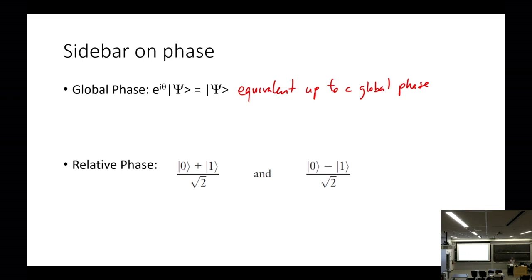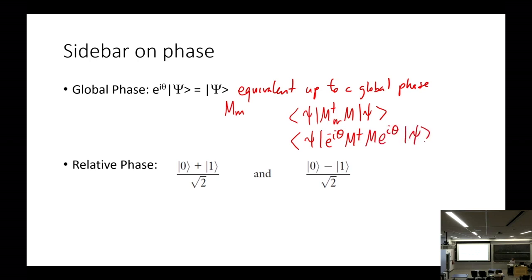So suppose that we have some measurement operator, M sub little m, associated to some quantum measurement. Then the probabilities for getting our outcomes are going to be the inner product of psi with M dagger M psi in one case, and it'll be psi e to the minus i theta, M dagger M, e to the i theta psi in the other case.